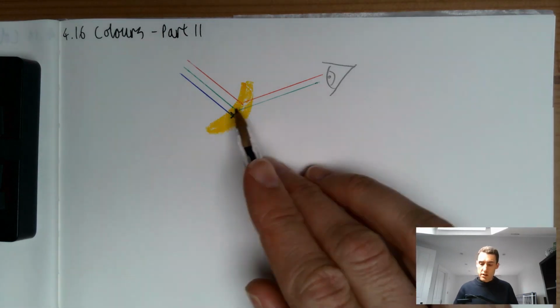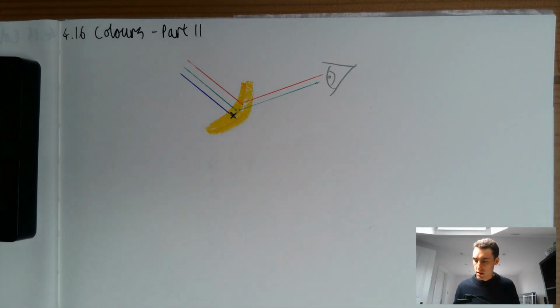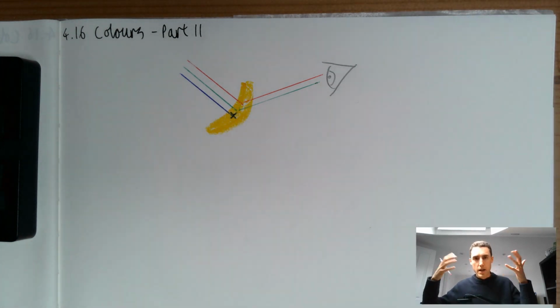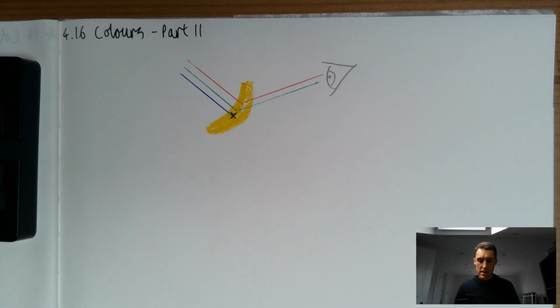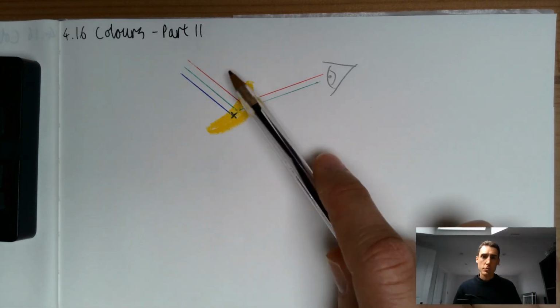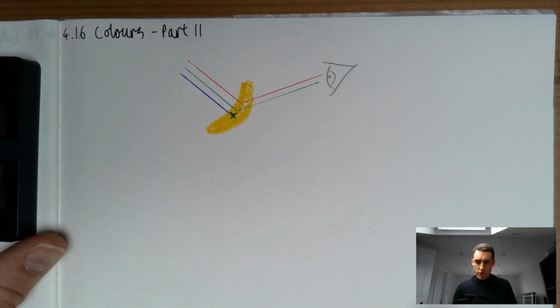And red and green light combined, we perceive, with the rods and cones and whatever it is in our retina, as yellow light. I would have to do some revision on that part of the course, but all of the receptors in our eyes detect that combination of red light and green light as yellow light. So that's why a banana appears to be yellow, because it absorbs all blue light. So that one isn't too difficult.